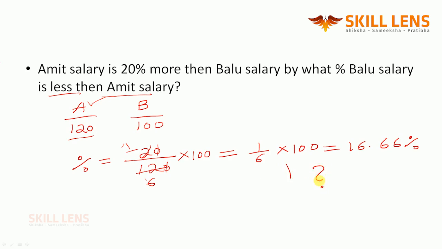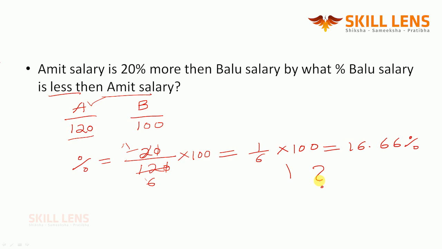So the point is this. The moment you see 1 by 6, you should be able to say its percentage value, because fraction values will definitely not be given in your options. Percentage values will be given.